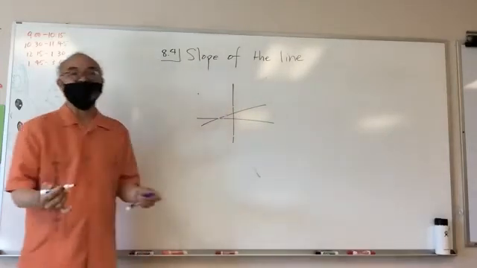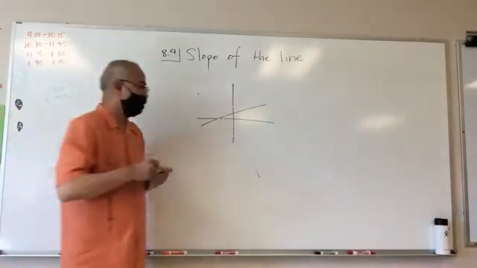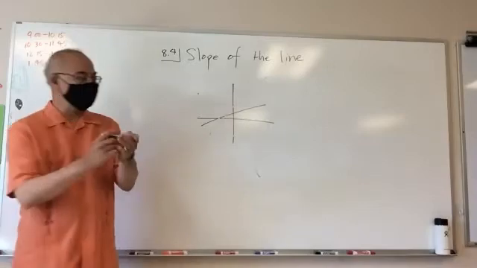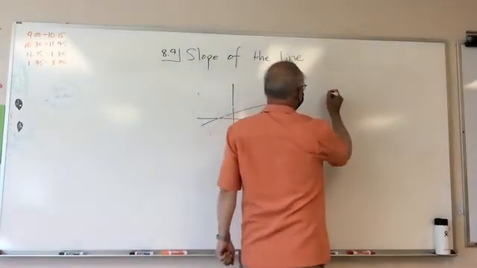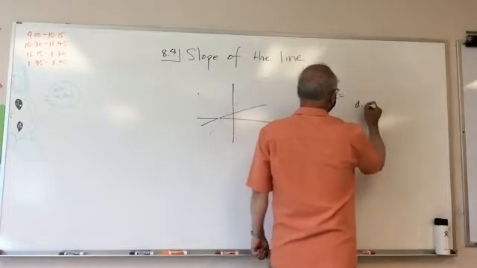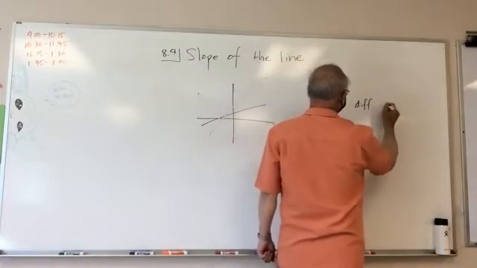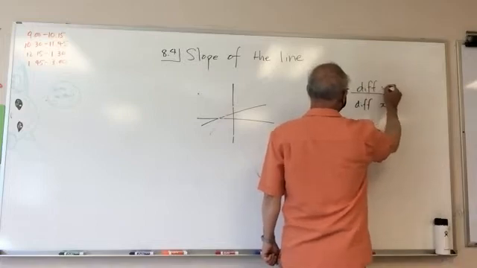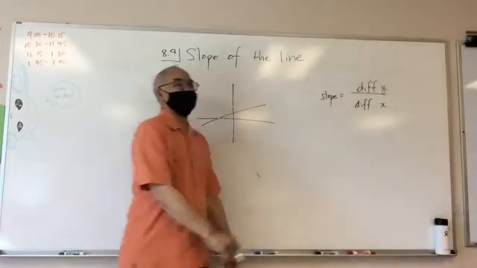The slope of the line is defined as the difference in y over the difference in x.